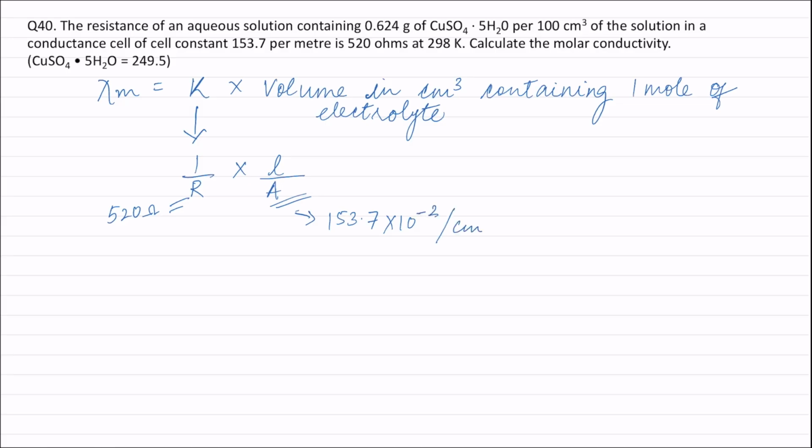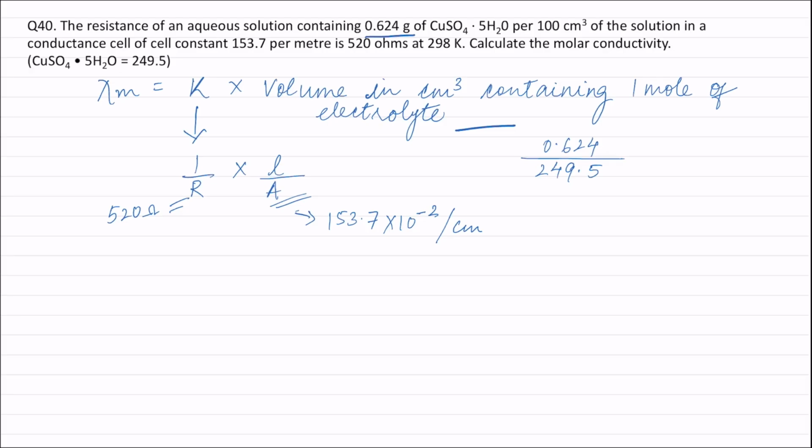Now to find the volume in centimeter cube containing 1 mole of electrolyte, weight of copper sulfate 5H2O is 0.624 gram. Therefore, moles of copper sulfate will be 0.624 grams divided by molecular weight of copper sulfate, that is 249.5. 249.5 is the molecular weight of CuSO4 5H2O.